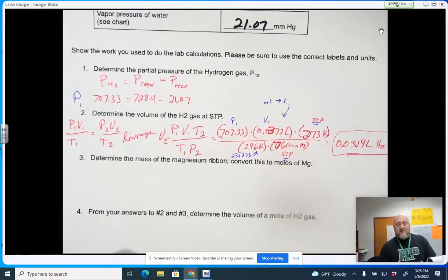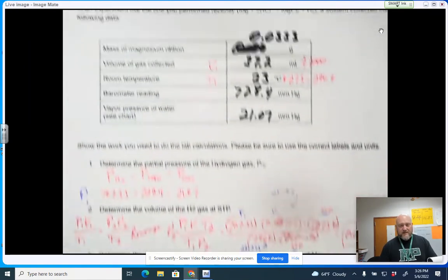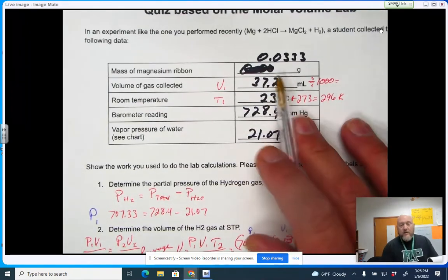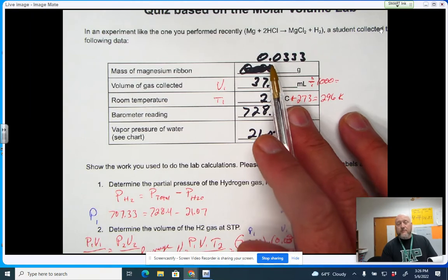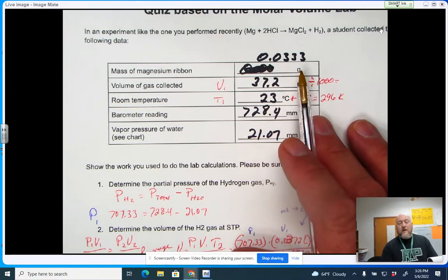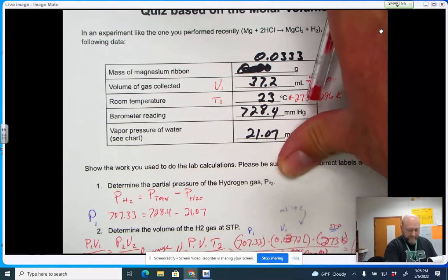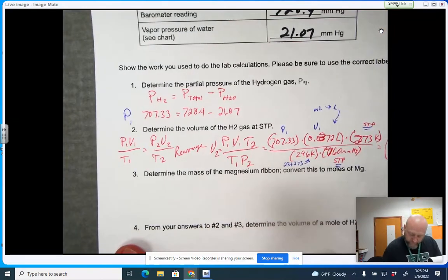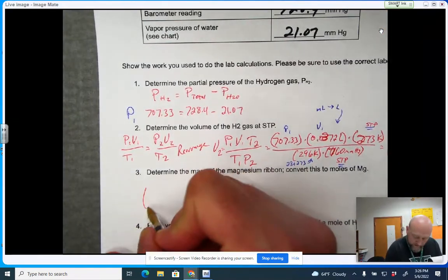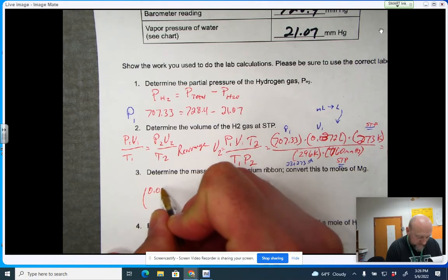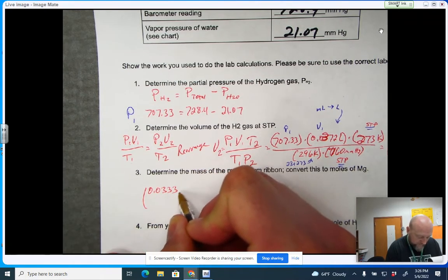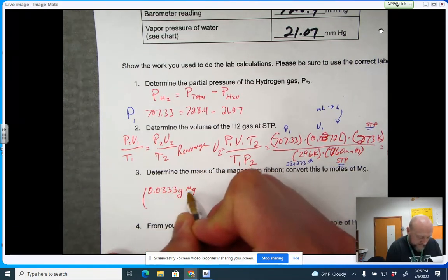Now, number 3 says determine the mass of magnesium, convert this mass into moles of magnesium. So we see that our mass of magnesium in this example is 0.0333 grams of magnesium. So down here at question number 3, we're going to go ahead and use that as our given: 0.0333 grams of magnesium.